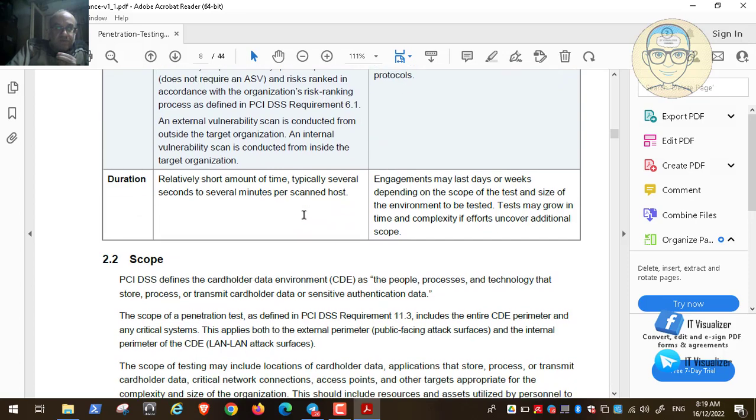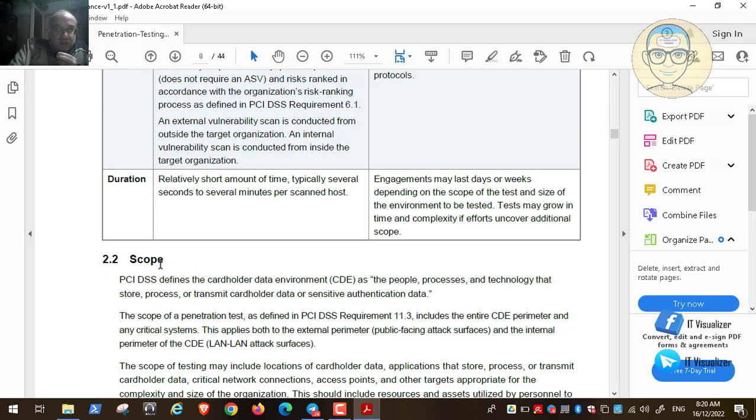This documentation states what the difference is between vulnerability scanning and penetration testing. It says the scope defines the cardholder data environment as the people, processes, and technology that store, process, or transmit cardholder data or sensitive authentication data.